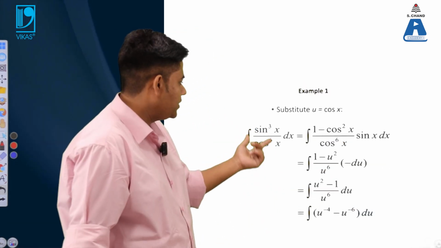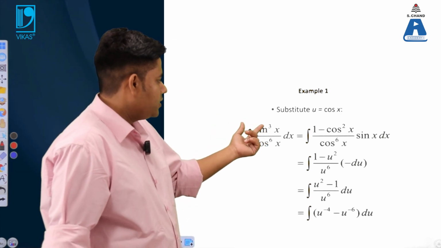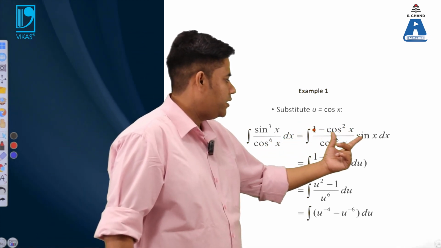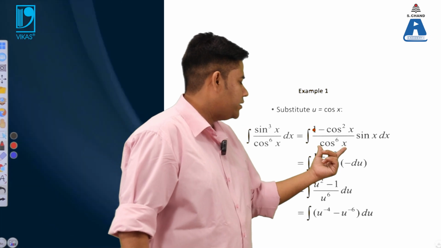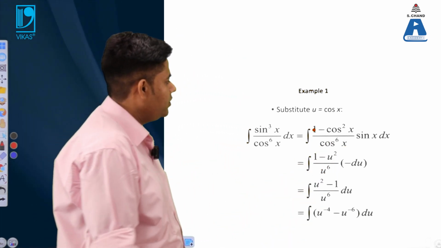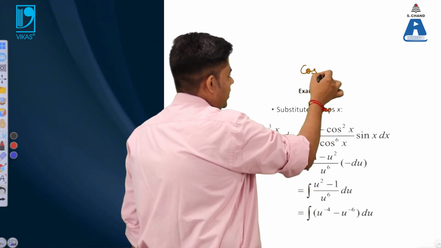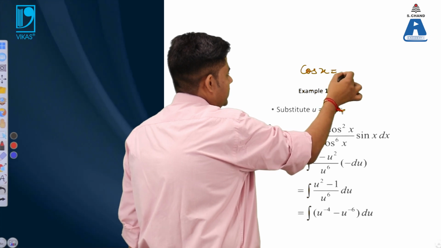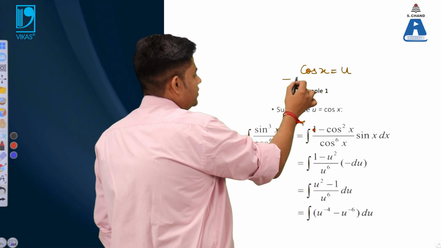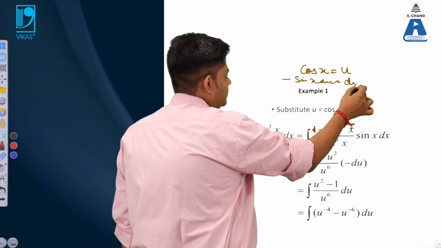Sine cube x can be broken up into sine square x into sine x. So I have written it as 1 minus cos square x into sine x over cos raised to the power 6 x. Now we have seen the substitution method, so we substitute cos x as t or u. Then we differentiate, which gives minus sin x dx equals du.